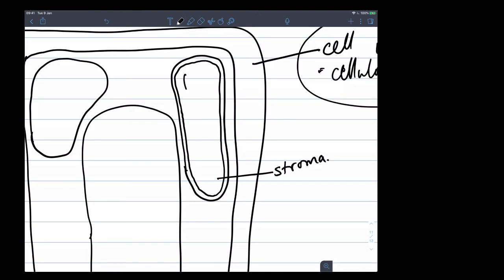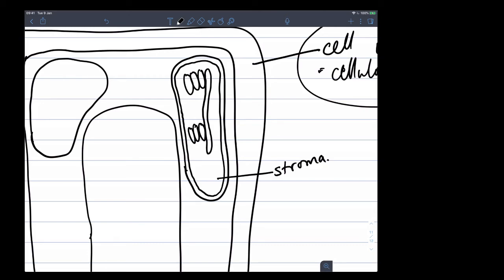But on the inside, it's got these membranous structures called thylakoids. Okay. And in many ways, these are parallel to the inner mitochondrial membrane because, again, they have electron carriers, and it's here that the light dependent stage of photosynthesis happens.